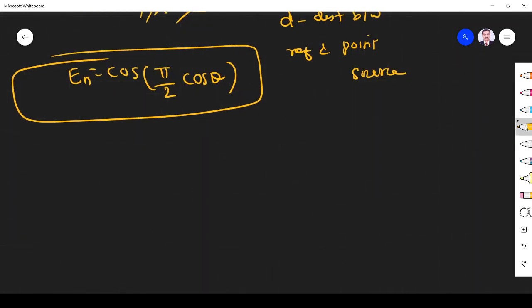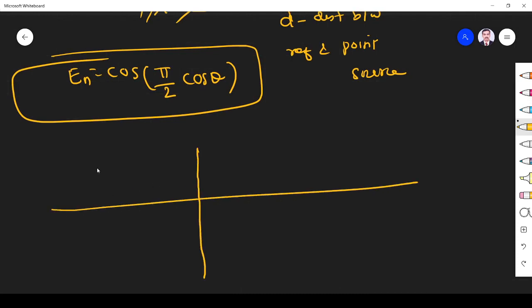Now let us put one table here, theta value and E value. When theta is 0, what happens? Cos 0 is 1. So you substitute here: cos pi by 2 cos 0, cos pi by 2 is 0.